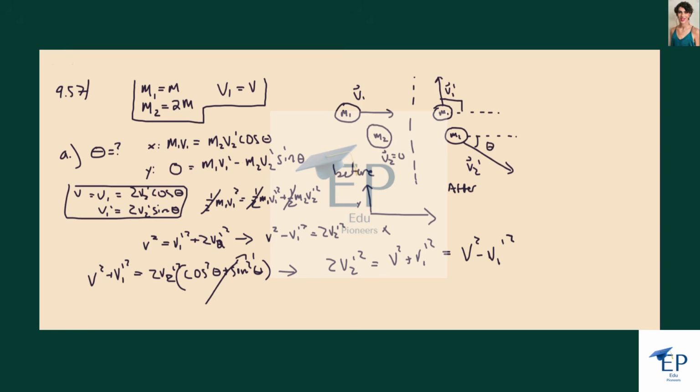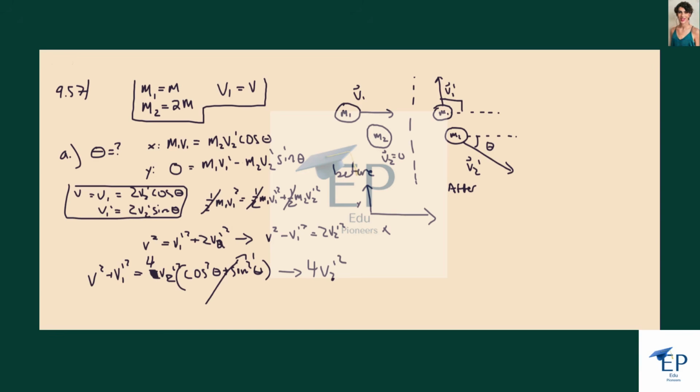So what does that tell us? Oops, that's actually not what we should have done. So let's go back for a second here. Obviously I wrote this down wrong. That's what I got wrong. This is 4 v2 prime squared, and that's equal to 1, so 4 v2 prime squared.